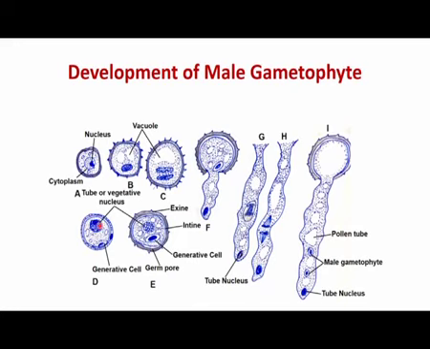Because of this unequal division within the microspore, two different types of cells are formed. The generative cell is closer to the microspore's cell wall, and the other one, within the center, is called the vegetative cell.